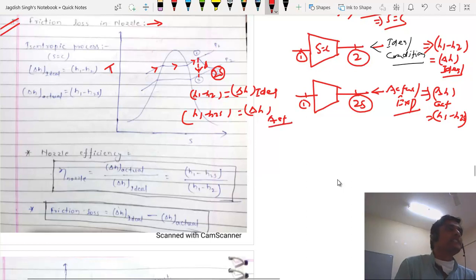So the efficiency of the nozzle is equal to del H actual by del H ideal, where del H actual is H1 minus H2S and del H ideal is H1 minus H2. This term is called nozzle efficiency.